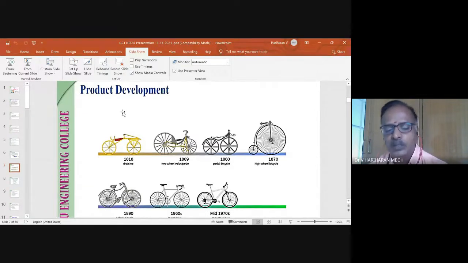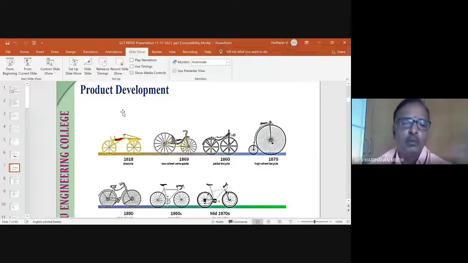Another reason: in olden days, suppose you purchased a mixie for domestic application, you used it comfortably for around 10 to 20 years without any difficulty. Such a kind of design was there in the olden days. In those days, they did not give any exchange offer for the product.